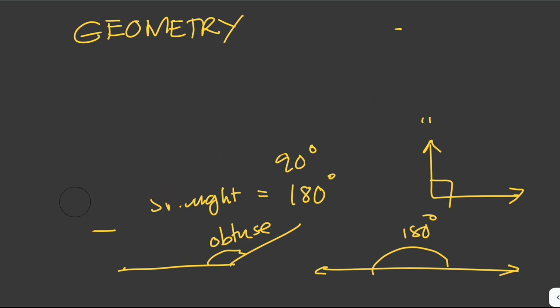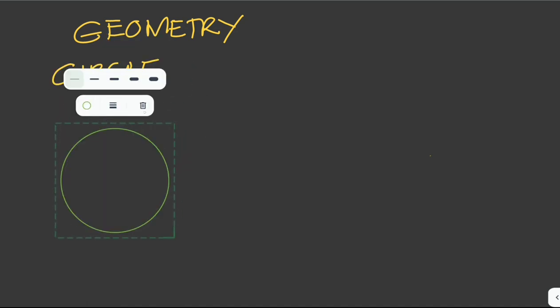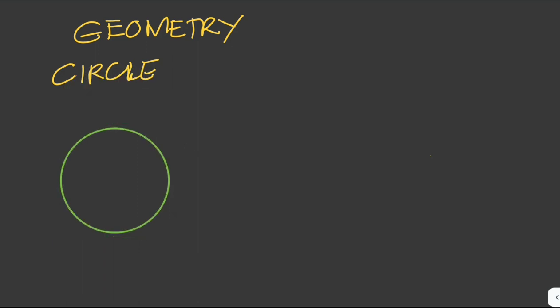And then for circles, okay, if this is our circle here, the distance from the center to any point of the circle, well, we call it the radius.